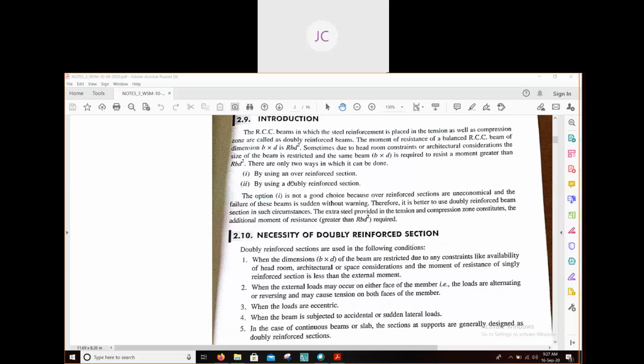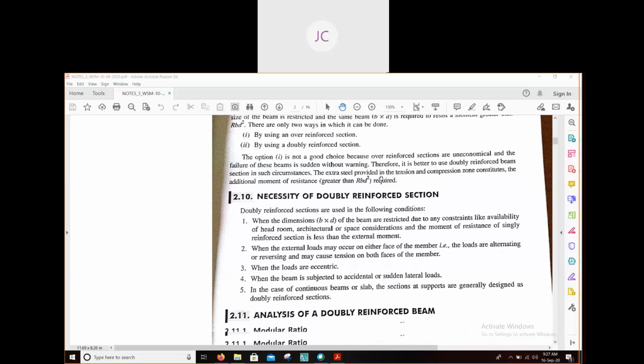Either we can go for an over reinforced section or we can use a W reinforced section. But we know that over reinforced sections are not economical, and also it is very risky. So we have only one option left, that is we have to use a W reinforced section.